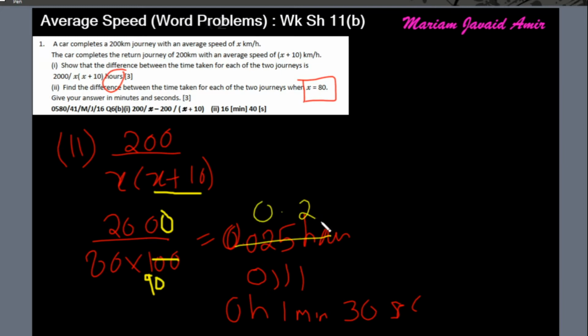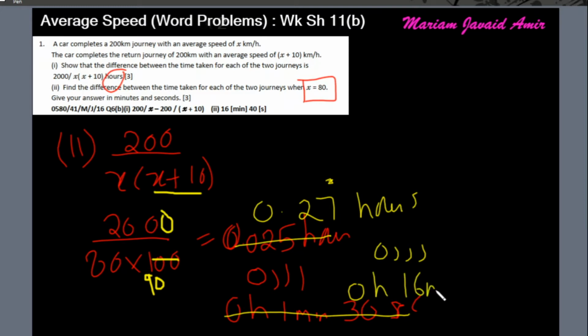So 0.7 with a recurring dot on it, hours. Next, like I said, press this key in your calculators, which breaks hours into hours, minutes and seconds, which will give the answer 0 hours, 16 minutes and 40 seconds, which is the answer for part 2.